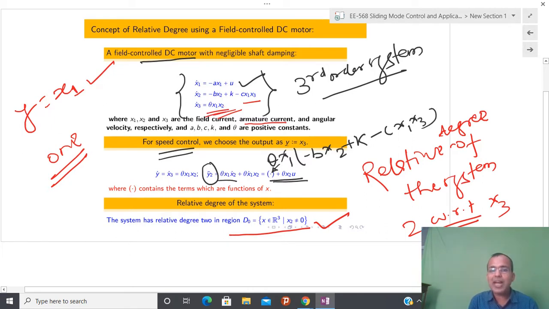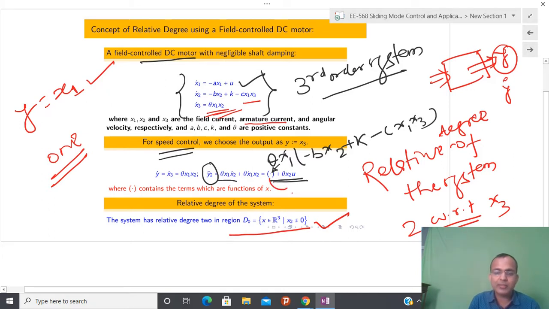Now, once I select y equal to x3 as my output, what happens? I can express my system using y and its higher derivatives, y and y dot. Then you can see here that my system has this kind of configuration. So you can give some name to this quantity, with some symbol.